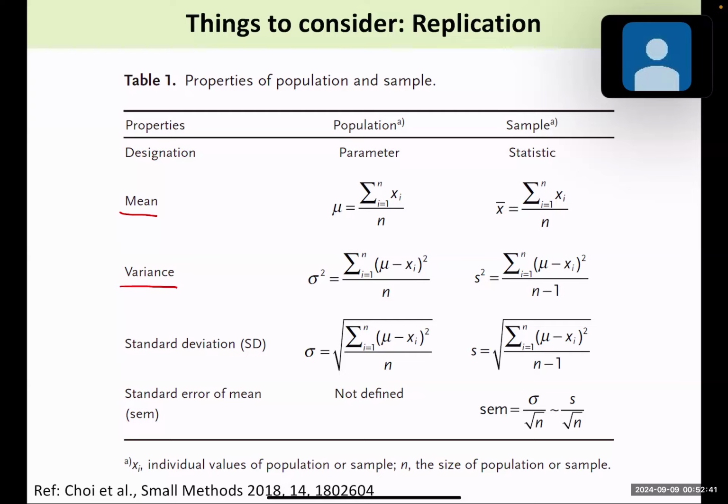So variance is a term that explains how the data points are dispersed, right? And then you also have a standard deviation. This is basically the square root of variance. And then you also have a standard error of mean. That is the standard deviation divided by the square root of the sample number.